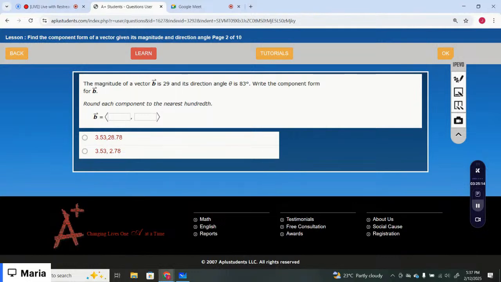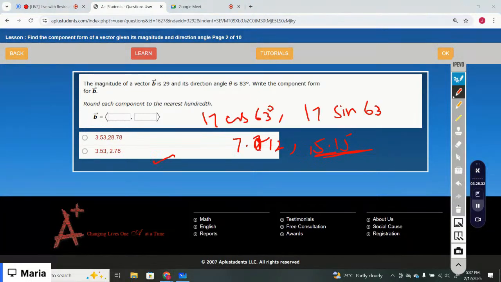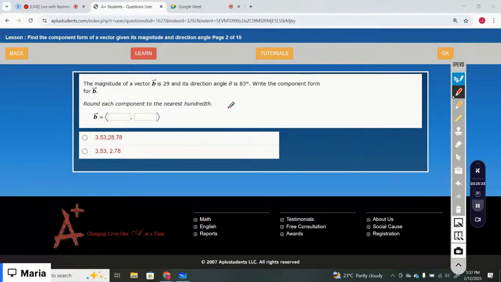The magnitude of a vector B is 29 and its direction angle theta is 83 degrees. Write the component form of B. So you have to do 29 cos 83 and 29 sin 83.